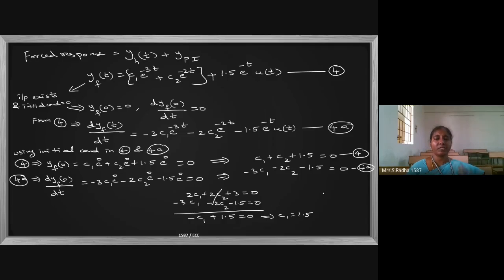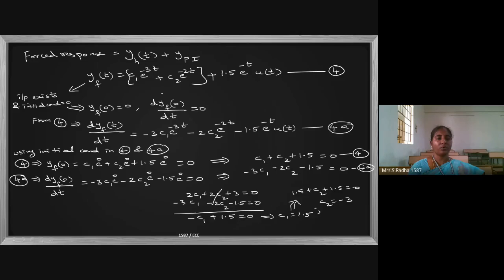Use it in equation 4 again. Substituting in equation 4, 1.5 plus c2 plus 1.5 equal to 0. So c2 value is minus 3. So c1 is 1.5, c2 is minus 3. We have to put all this in the original equation 4.